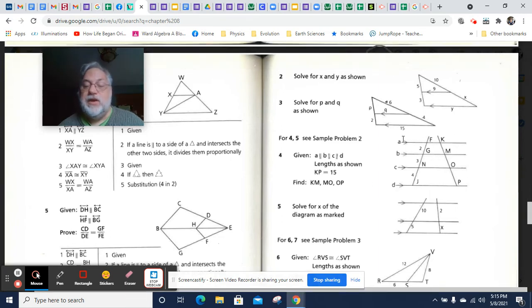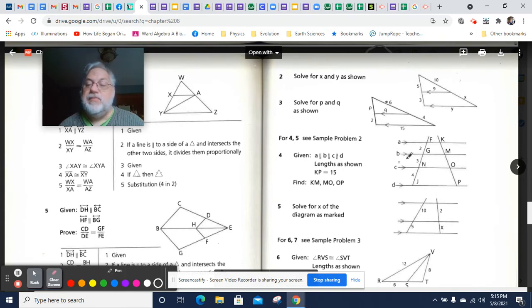So we can figure out pretty quickly that FJ is 2 plus 3 plus 4. So that's going to be 9. Okay. So we're going to be doing 2 is to 9, this will be for finding out KM. 2 is to 9 as KM is to 15 because KP is 15.